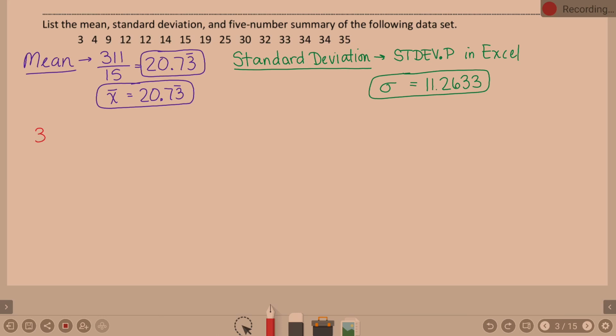So, 3, 4, 9, 12, 12, 14, 15, 19, 25, 30, 32, 33, 34, 34, 35. And again, I'm going to count to make sure I have the right number of numbers. 1, 2, 3, 4, 5, 6, 7, 10, 11, 12, 13, 14, 15. Okay.